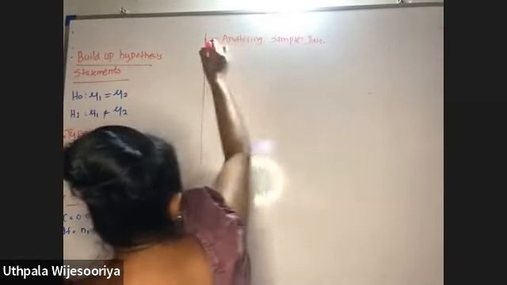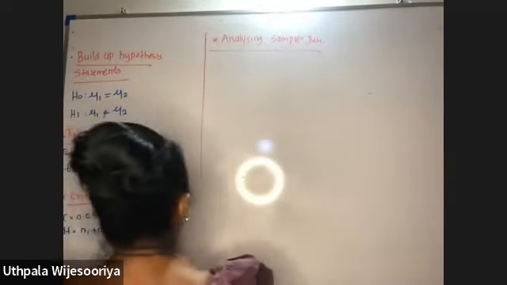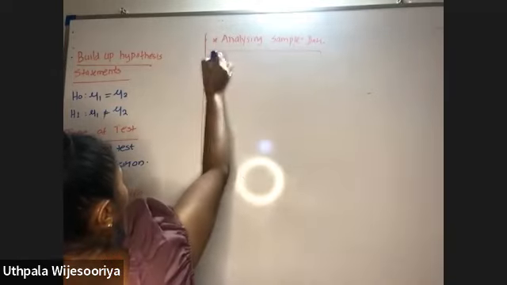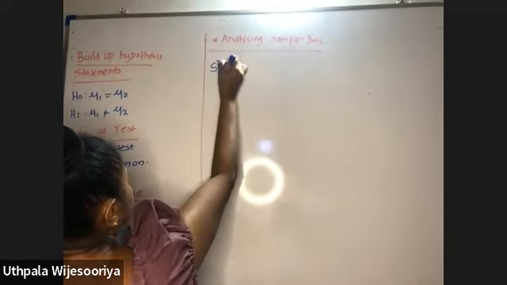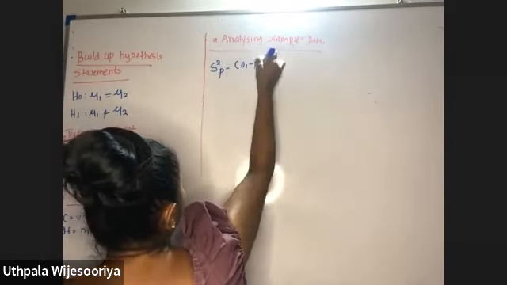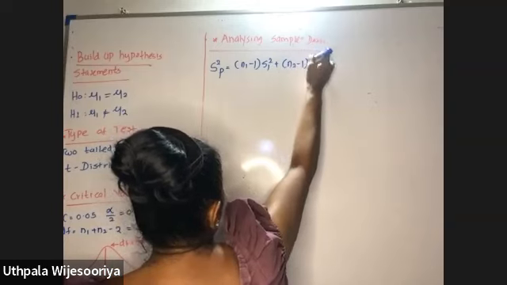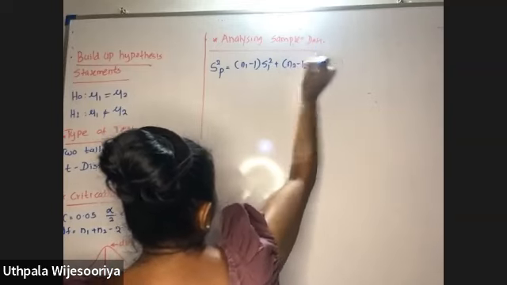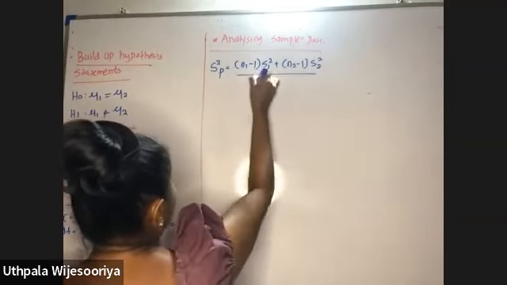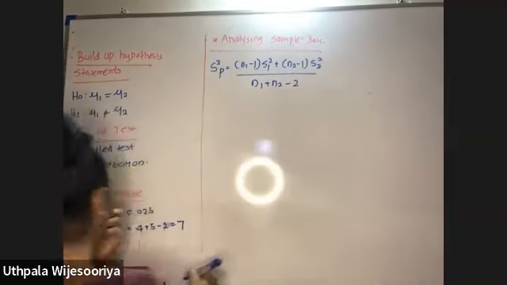So now here you have the pooled variance. Now just calculate what the pooled variance is. Sp squared is (N1 minus 1) S1 squared plus (N2 minus 1) S2 squared, divided by N1 plus N2 minus 2.